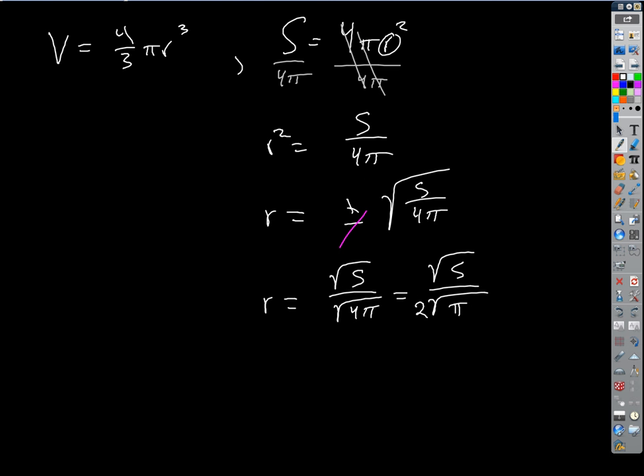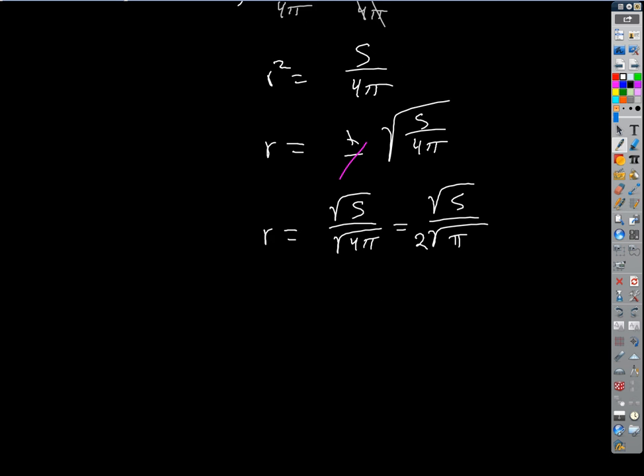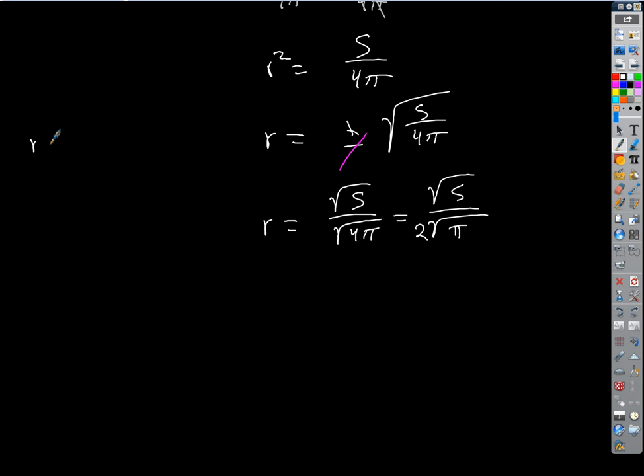Things can work mathematically but not physically, so that one just doesn't work physically, okay? So we've got a formula for R now: R equals 1/2 times the square root of S over pi, something like that, right?